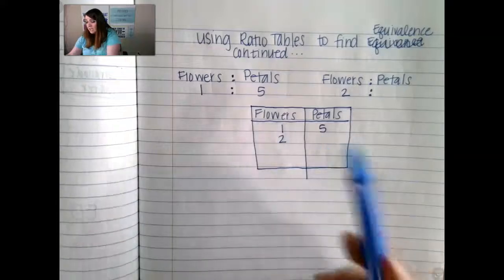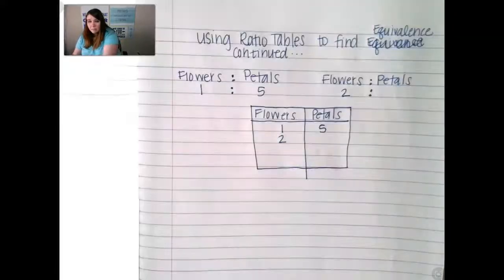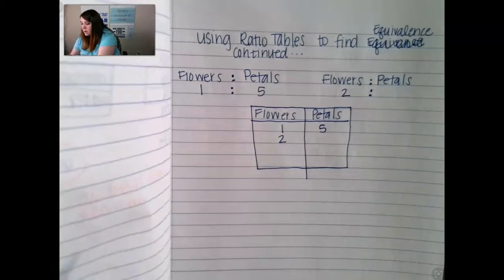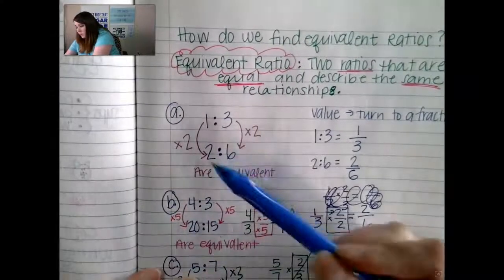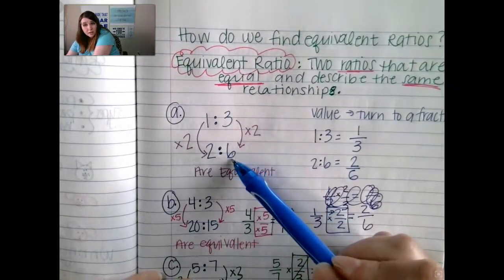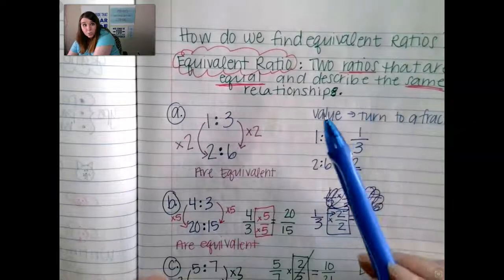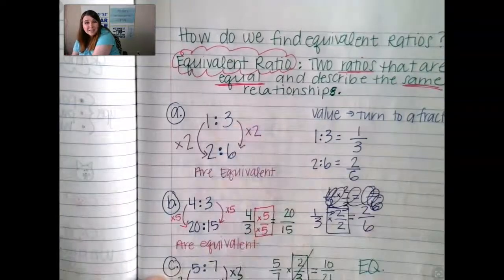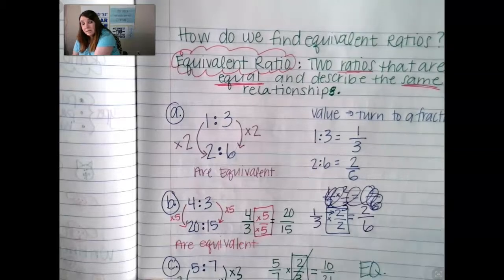And now I can use this idea of finding equivalence by looking back at one of our lessons where we did equivalent ratios going from one side to the other side. Or we could turn them into fractions. It's your choice. Everything is your choice when it comes to finding equivalence. Just make sure that you are comparing the same things.